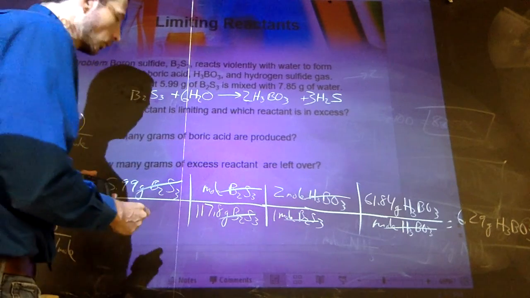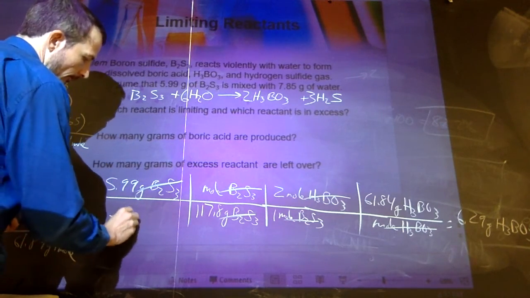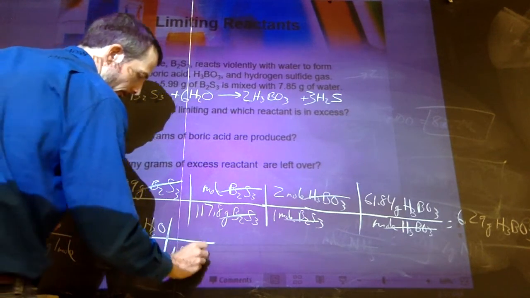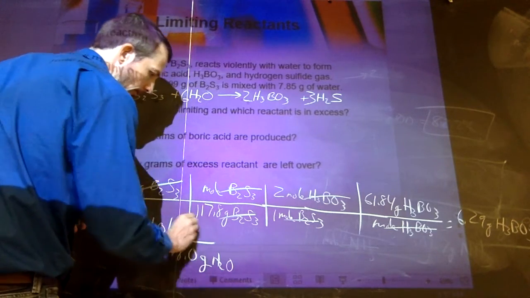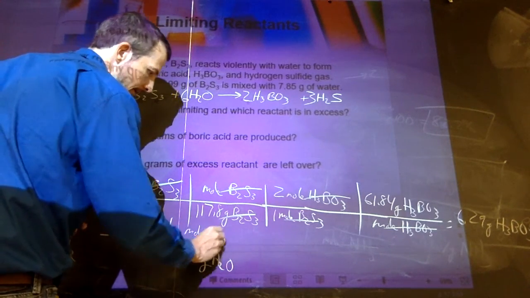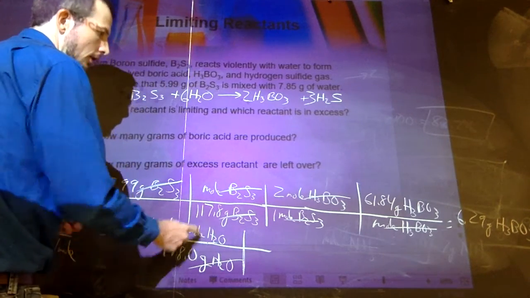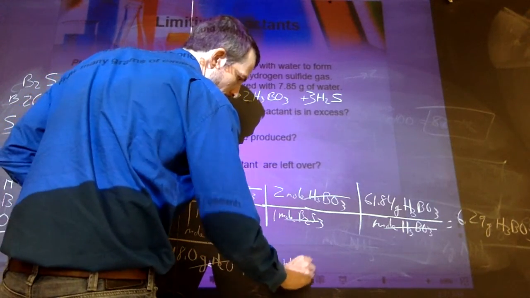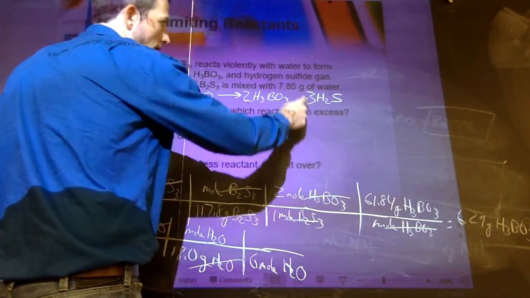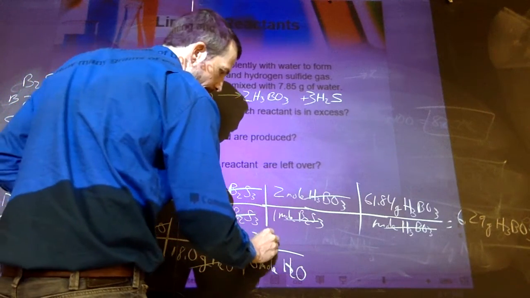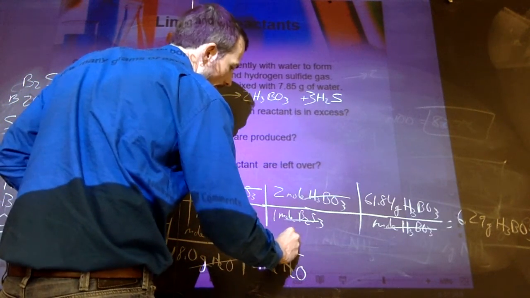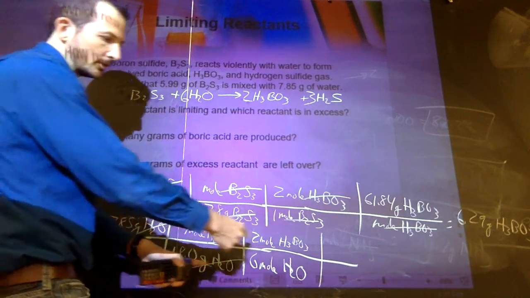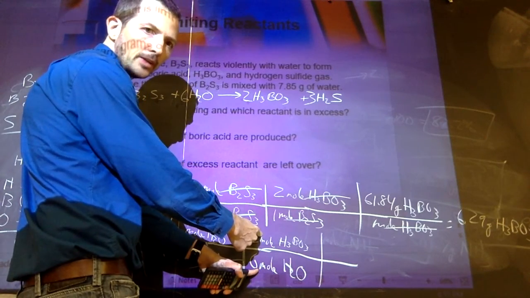So I need to do the same thing with water now. Use balanced equation, 6 moles of H2O produces 2 moles of my boric acid. Again, molar mass to convert to moles, balanced equation to go from one compound to another compound.